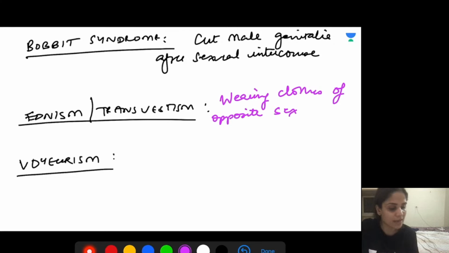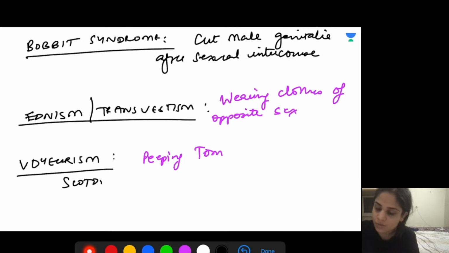And last we have voyeurism. Voyeurism is peeping Tom, watching other people perform acts of coitus, or watching other people bathe or get undressed. All that is called voyeurism. Another term for voyeurism is scotophilia.